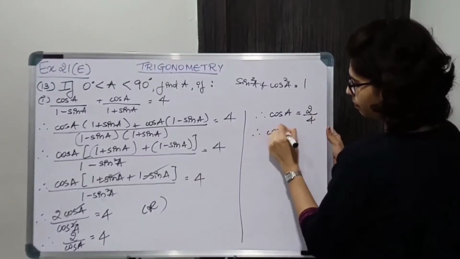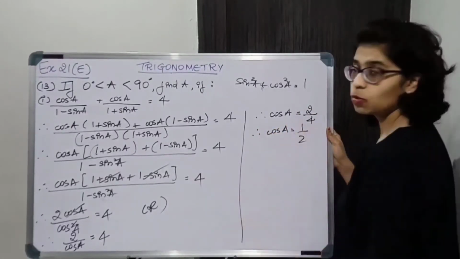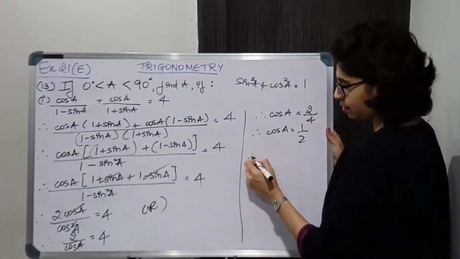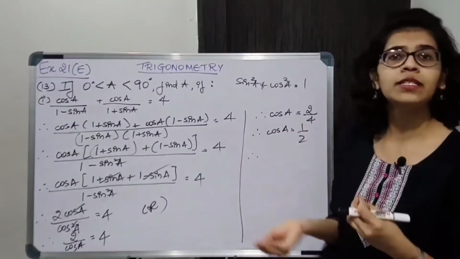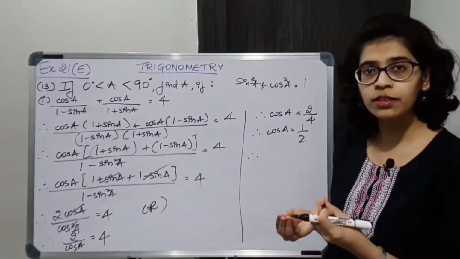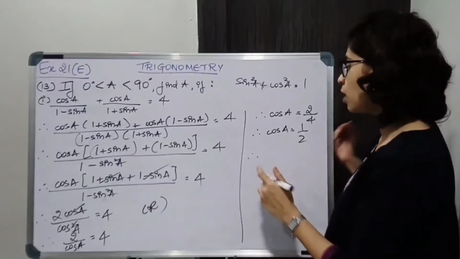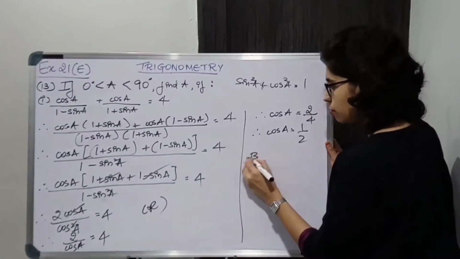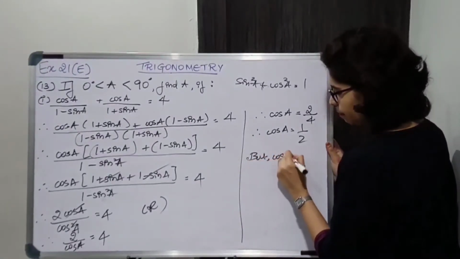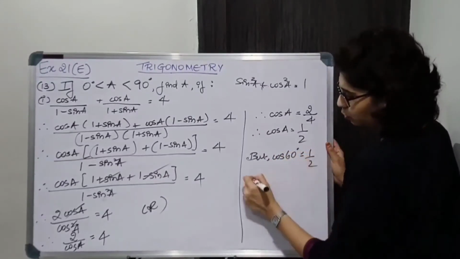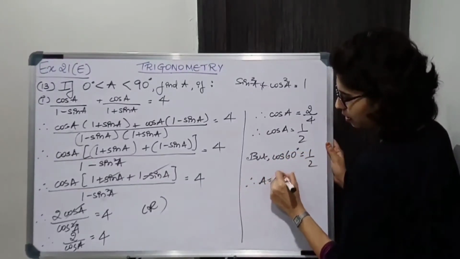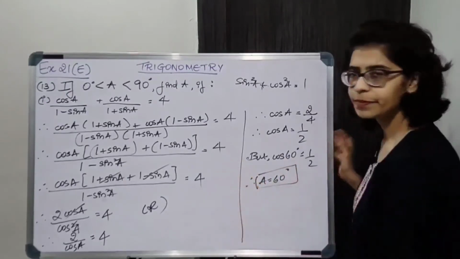Therefore, cos A is equal to half. Cos of what angle is equal to half? If you check in the table, cos 60 is equal to half. So cos 60 is equal to half. Therefore, A is equal to 60 degrees. Okay?